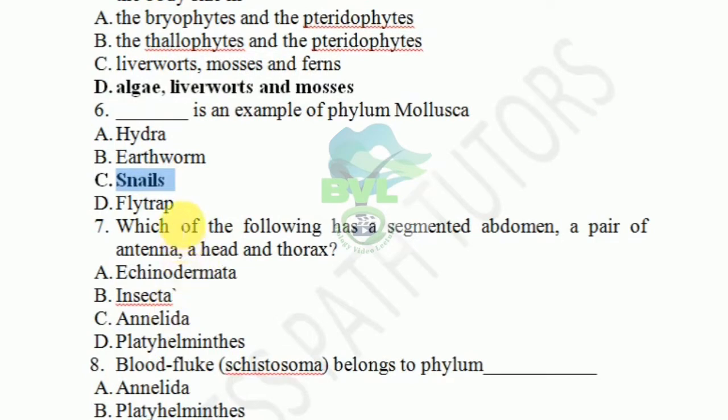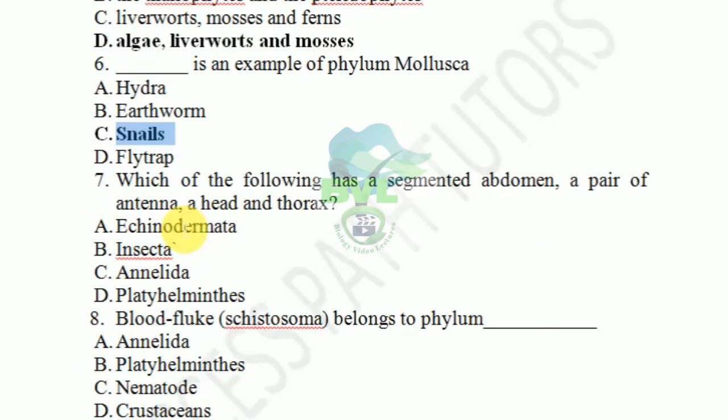Which of the following has a segmented abdomen, a pair of antennae, and a head and thorax? That would be insect. That's class Insecta under phylum Arthropoda under kingdom Animalia.